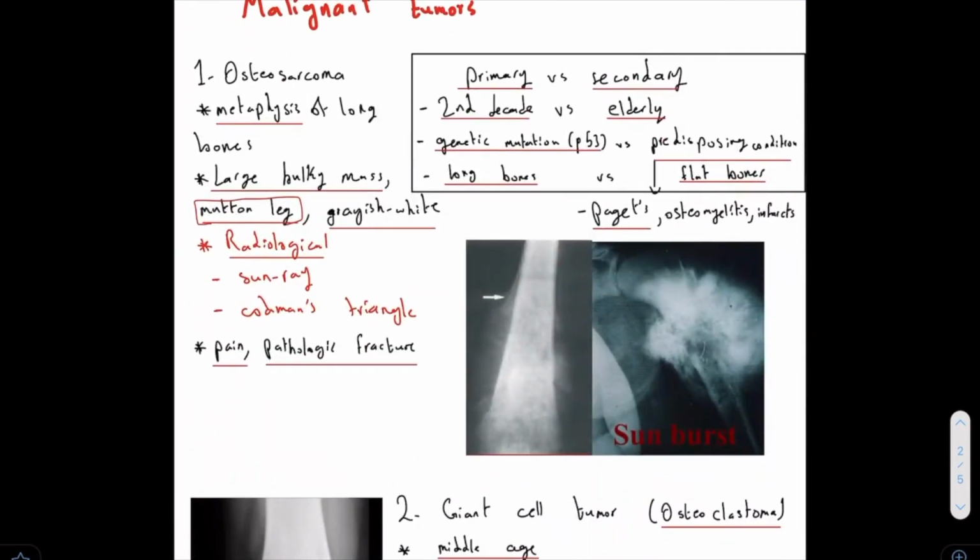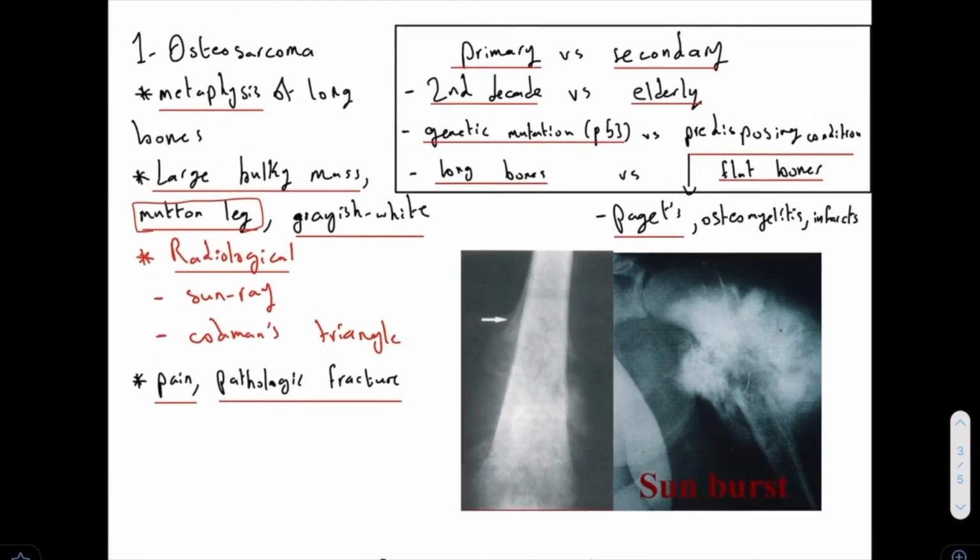For malignant tumors, you have osteosarcoma. Osteosarcoma is the most common malignant tumor, and it can either be primary or secondary. So primary means it has no predisposing cause. It usually arises in the second decade of life, so they would say like a 15 or 18-year-old, and usually due to a genetic mutation like a mutation in p53, and it comes in the long bones, okay?